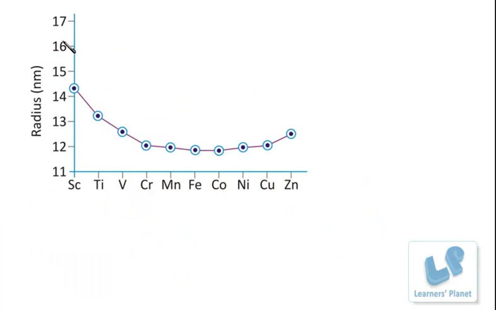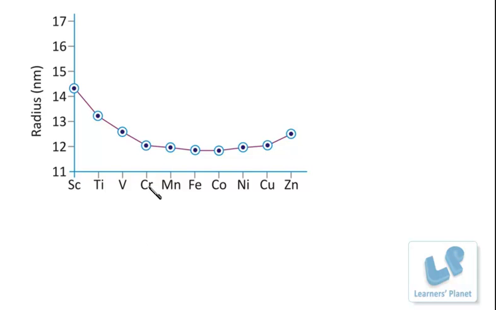You can see this graph over here. The atomic radii decreases and it remains almost constant, and then it increases at zinc. Remember, the atomic radii is influenced by two factors. First is the effective nuclear charge and second is the screening effect.